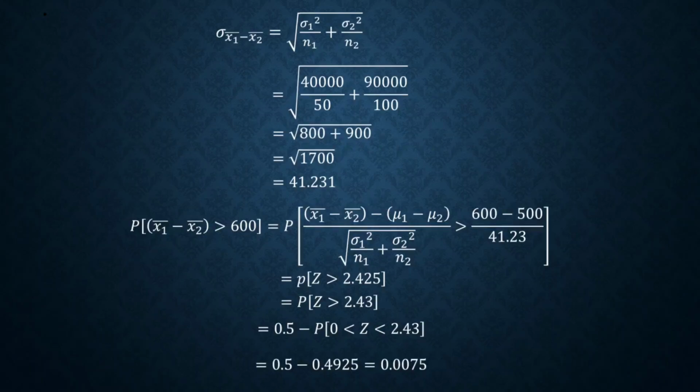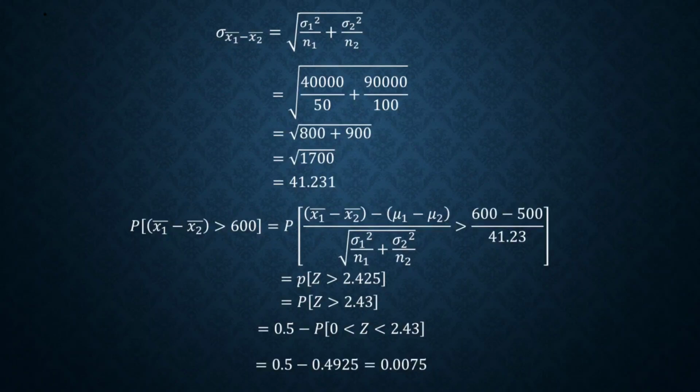Now the standard deviation sigma x1 bar minus x2 bar is root of sigma 1 square by n1 plus sigma 2 square by n2. Here sigma 1 square and sigma 2 square values are 40,000 and 90,000 and n1, n2 values are 50 and 100 respectively. By substituting we have sigma x1 bar minus x2 bar value is 41.231.